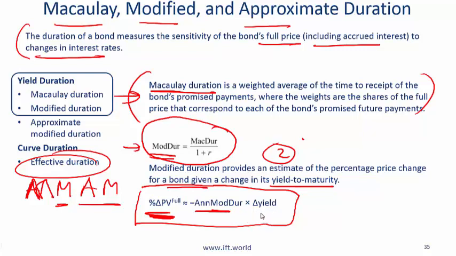And the minus is there because if yield goes up, then the price will come down. So that's captured through the negative sign. So what have you learned? You have learned the basic definition of Macaulay duration, and you've learned modified duration, which is Macaulay over 1 plus R, and you've also understood the interpretation of modified duration.